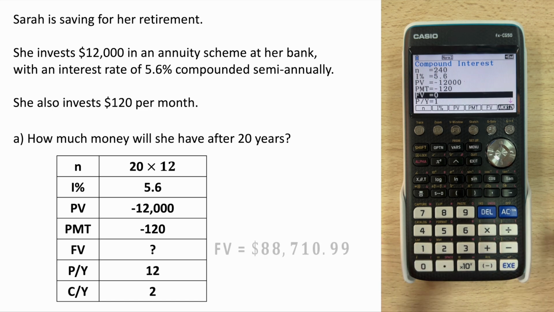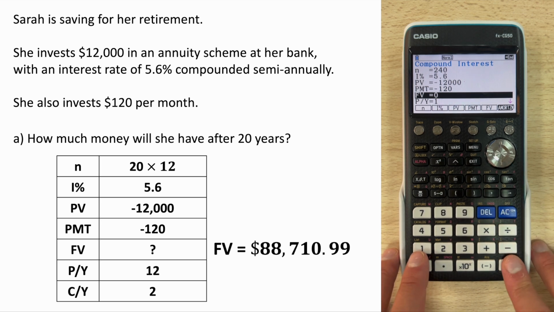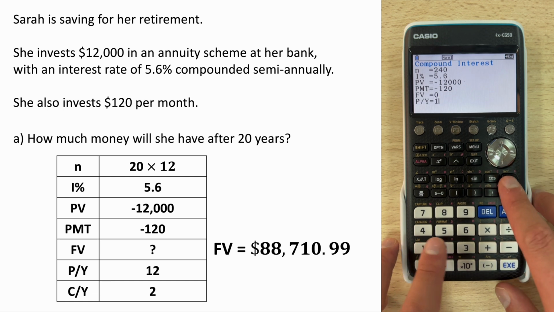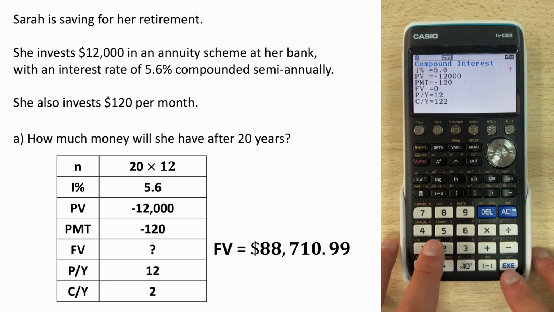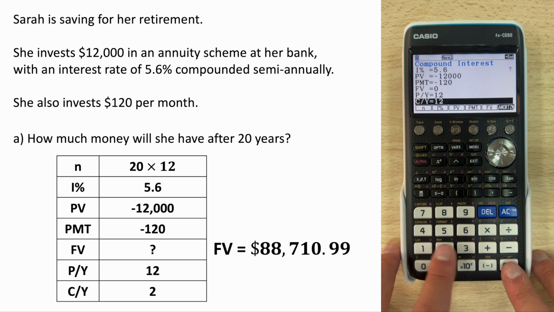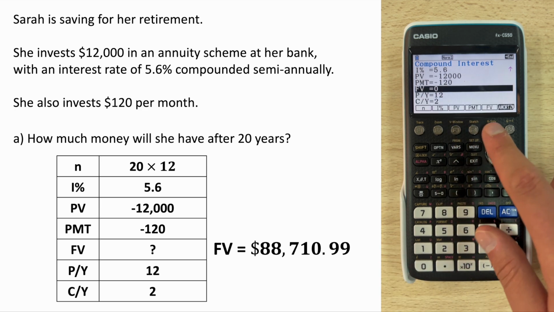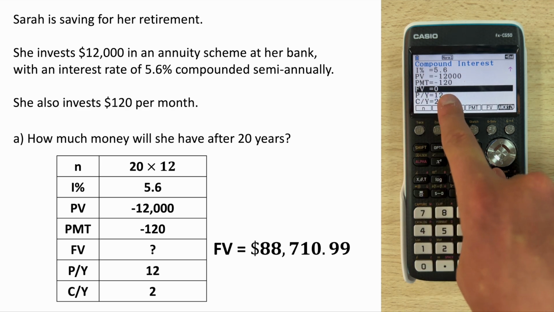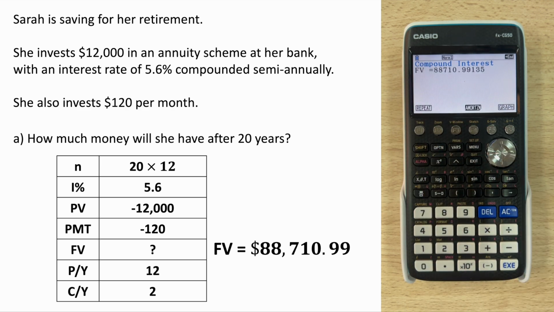Future value we want to find out, we'll leave that blank. And the payments per year is 12. Oops, and the compounds per year is 2. Press enter. And we want to find the future value, FV, press that, and we get $88,710.99. That is the future value.